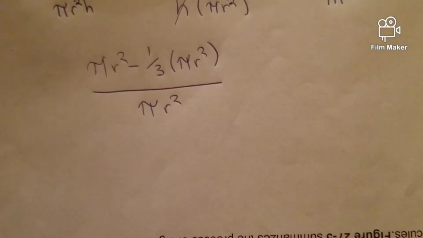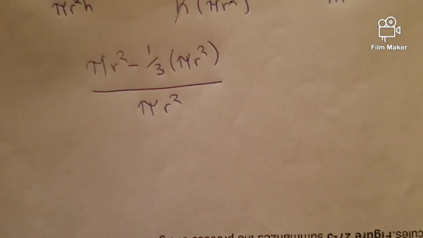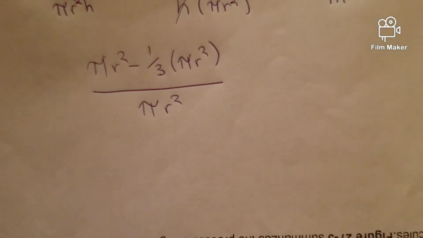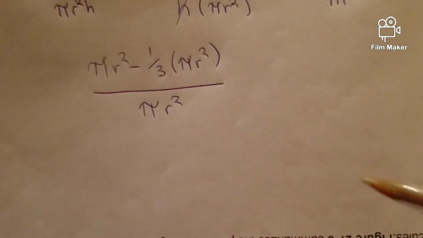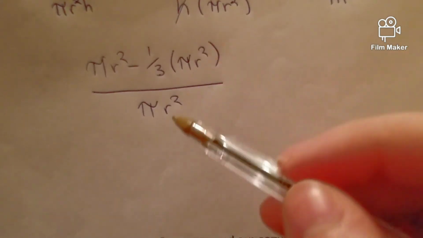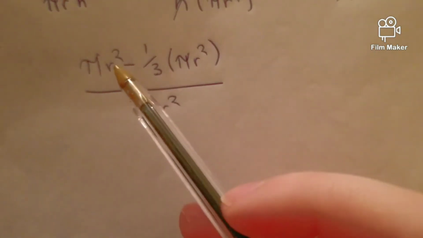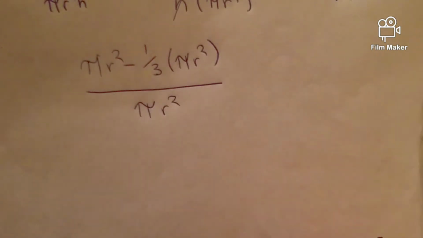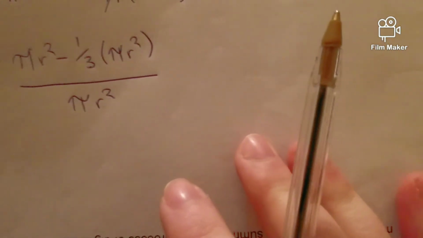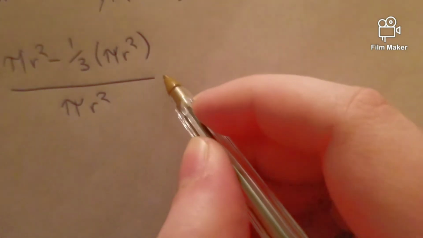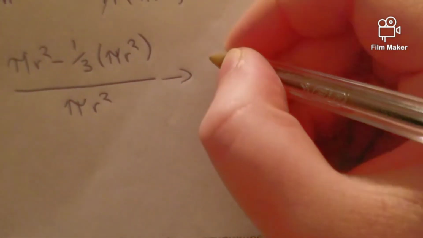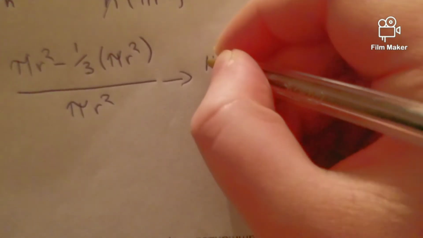So now, since the top and the bottom have pi r squared in common, we can factor that out as well. A term must be common in all parts of the equation, since the top is joined with addition. So on the top, we can factor out a pi r squared, and then we are left with 1 minus 1/3.